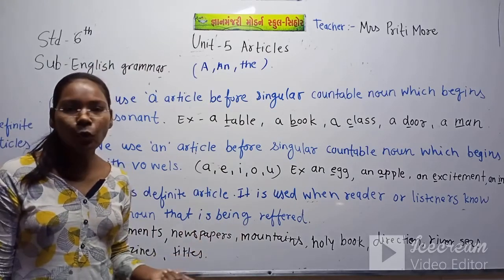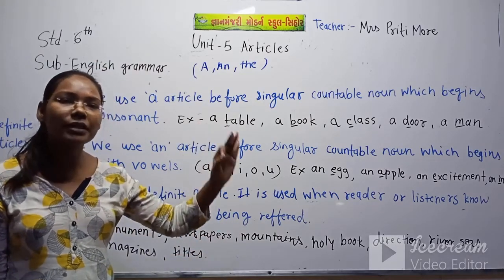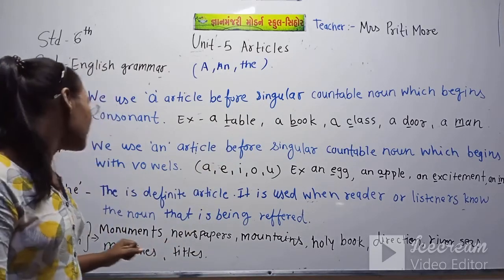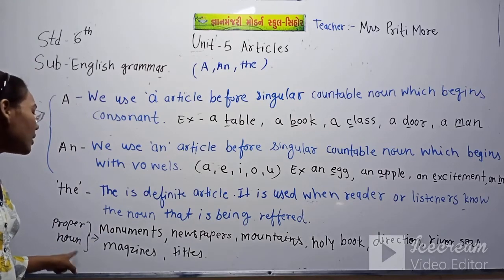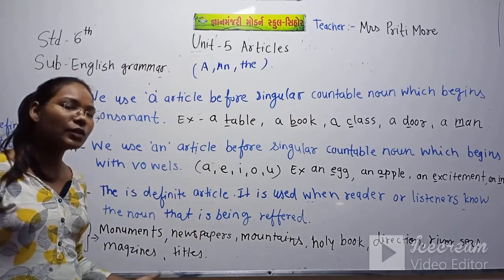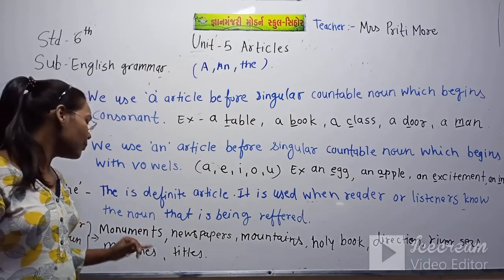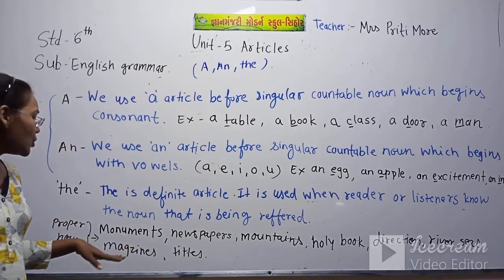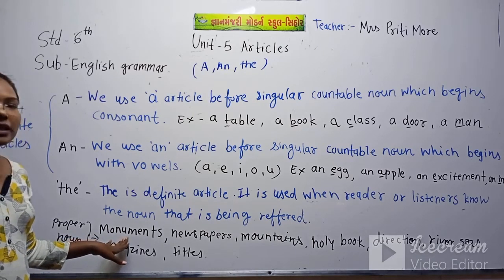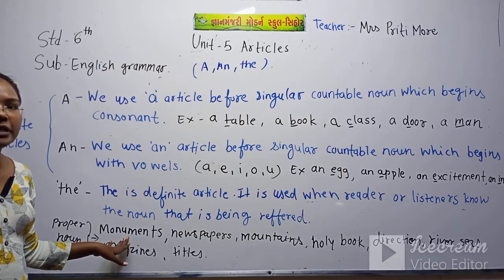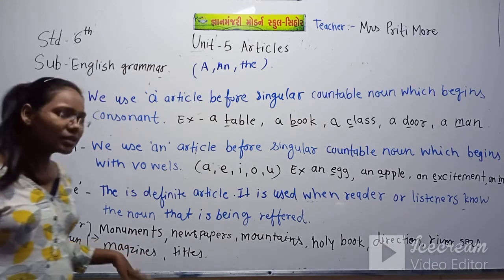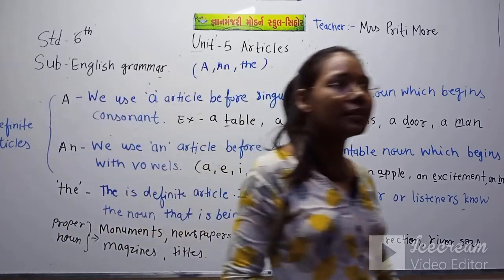Taj Mahal is a proper noun. Lots of buildings are there, but it has a particular name, so it is a proper noun. So before the proper noun, we use the article. It can be singular and plural also. We can write the before the name of monuments.